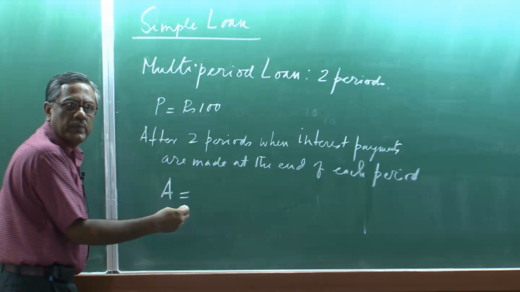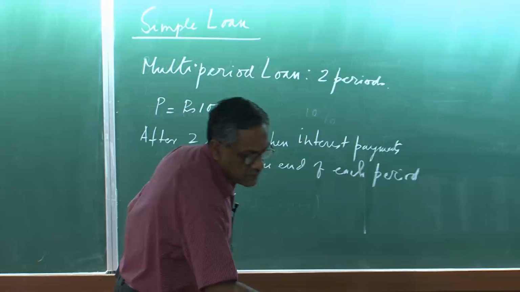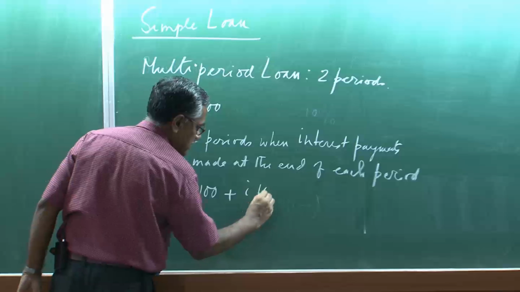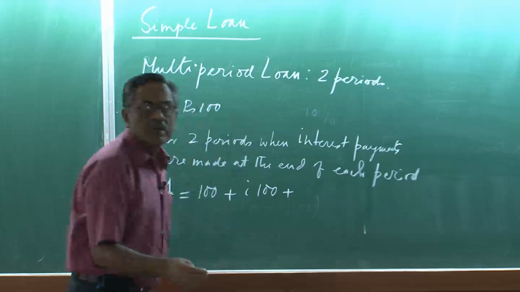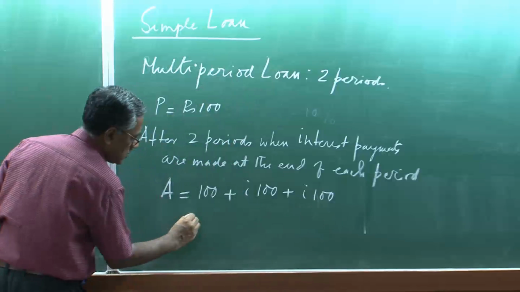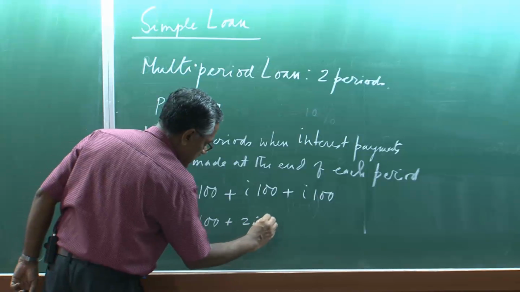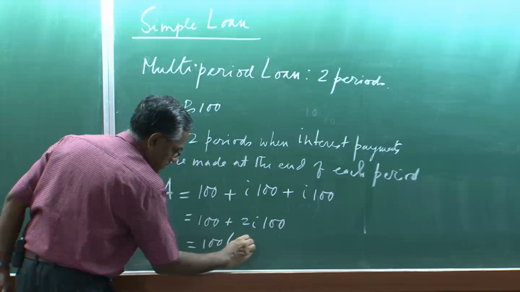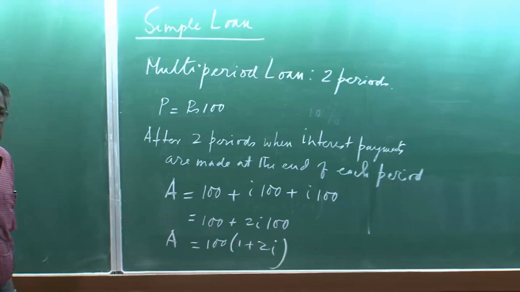First, after 2 periods you will get back the principal, then you will get back the interest after 1 period, which is I times 100, plus you will get again after the second period an interest payment I times 100. So, what you will have is 100 plus 2 I 100. So, this formula would be 100 into (1 plus 2I). This is the amount you will get after 2 periods.